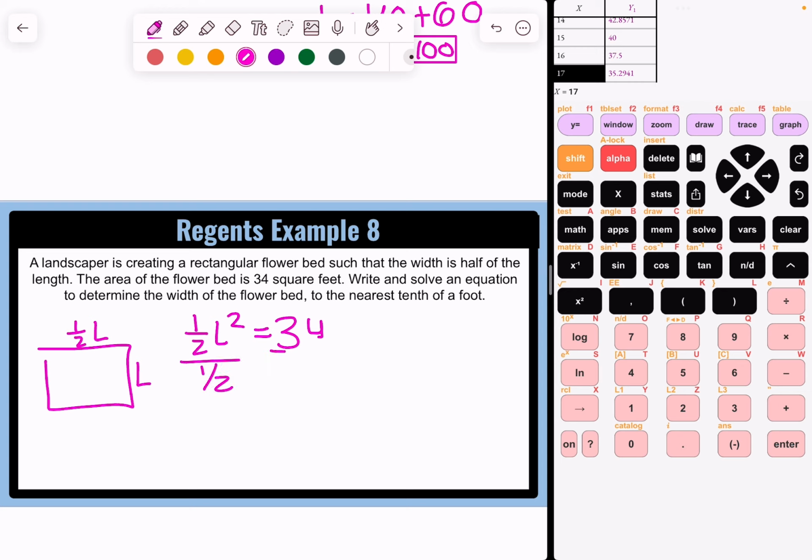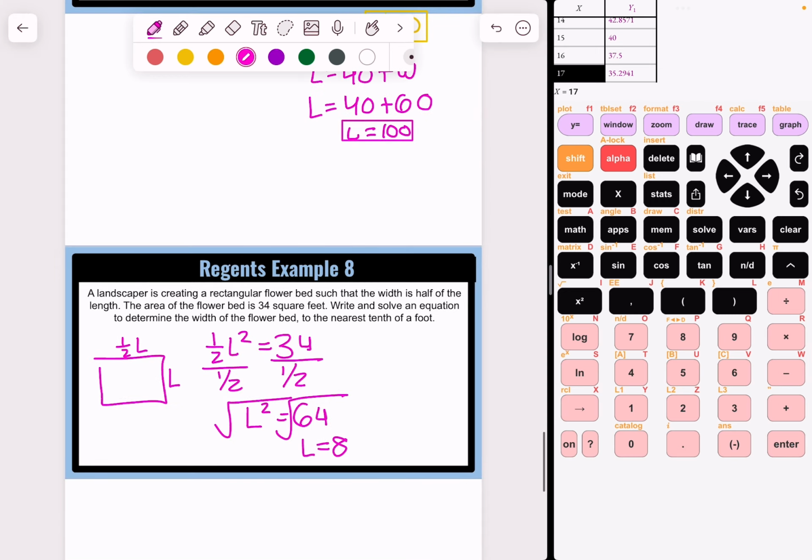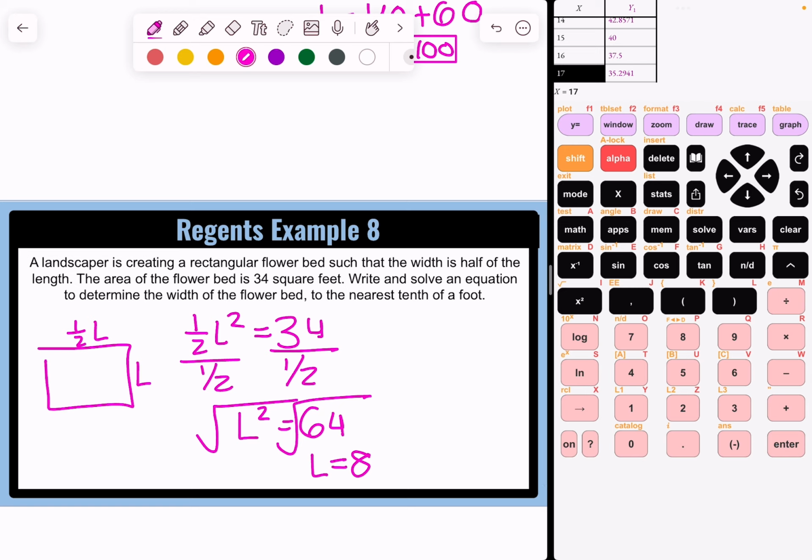Divide by 1/2, and we will get that the length squared equals 64. Take the square root of both sides. That would be length equals 8, because we cannot have a negative length, so that's why I don't put the plus or minus. So length equals 8. Width is 1/2 length, so 1/2 of 8 is 4.